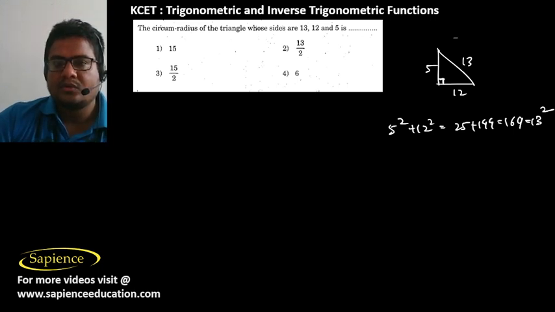So if we draw the circumcircle of this triangle, we have to find the radius of this circumcircle, which is called the circumradius. Now we know that angle in a semicircle is a right angle, so the hypotenuse is the diameter of this circle.